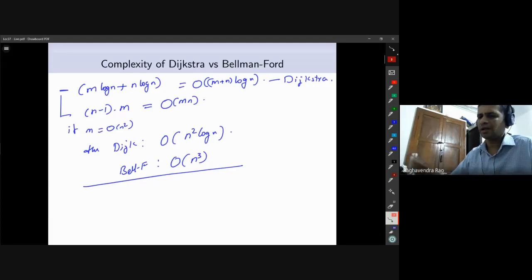There are improvements to Bellman-Ford. Like I stated yesterday, you don't have to relax every edge. Maybe you can just only look at edges that need to be relaxed, basically those whose weights have been updated recently. But in the worst case, it will have the same time complexity.